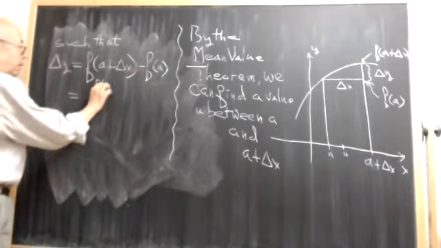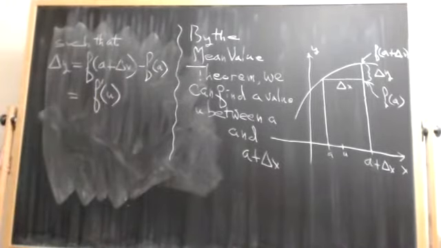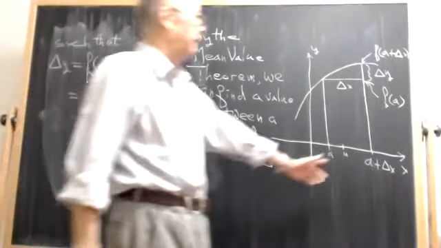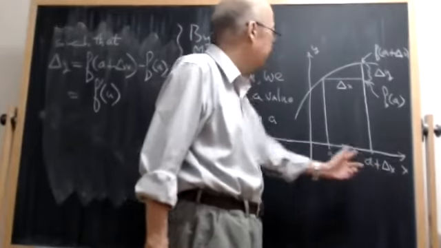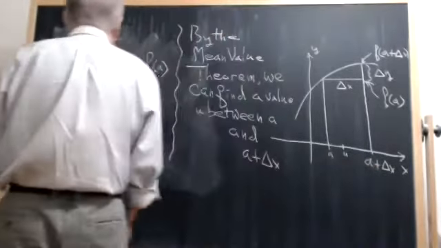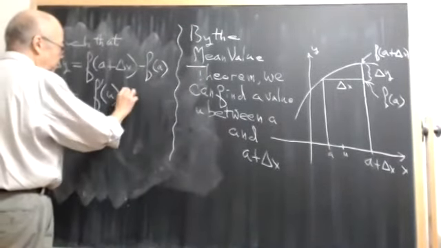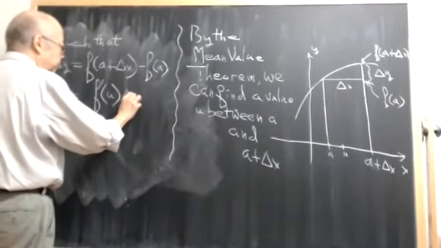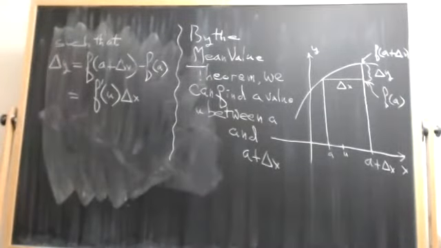So f prime at U times this point B minus A, which is delta x. Is that right? So we have this one.